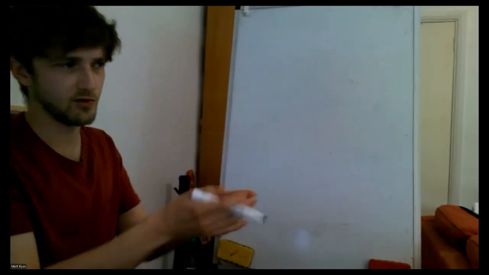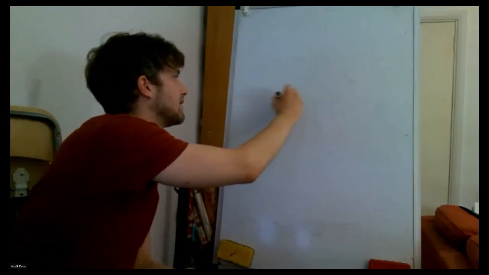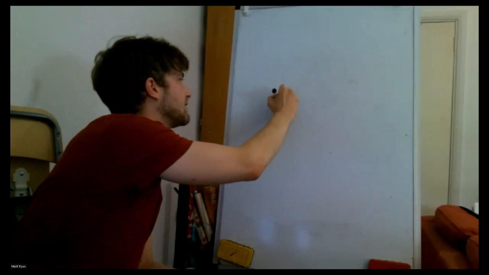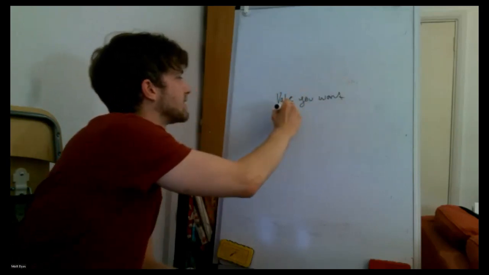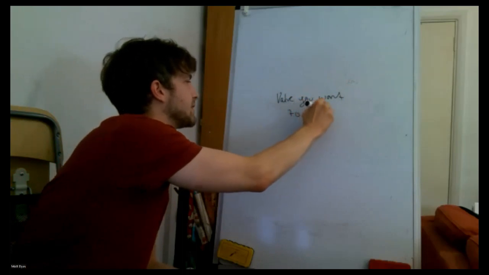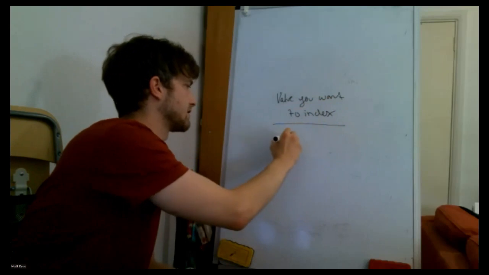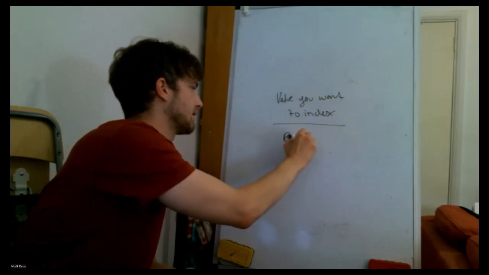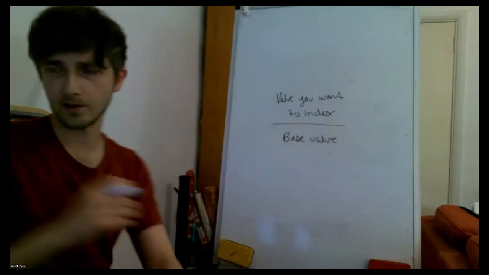You can't do this unless you pick the base. And then you just take the value you want to index. There is a better way to write that, but I'm just going to focus on clarity here. Value you want to index, divide it by the base value, not 100, the actual raw data.